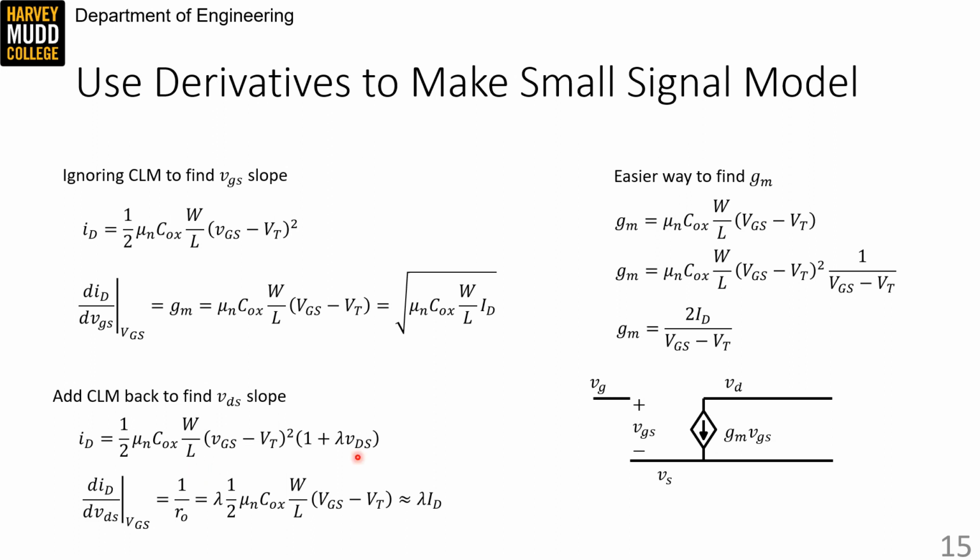There's only one VDS term in here, and it's just a linear value. So we're left with lambda times whatever this big coefficient is. And this big coefficient happens to be equal to ID. So 1 over RO is equal to lambda ID. That looks like an output resistance, so we add RO between the drain and the source.